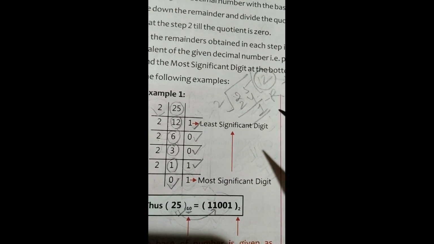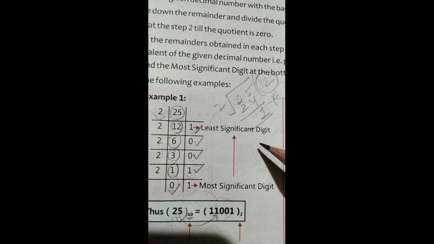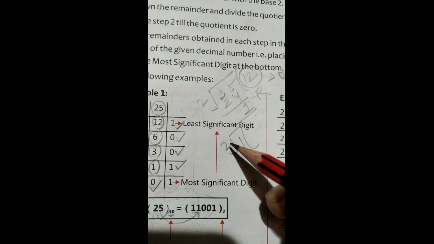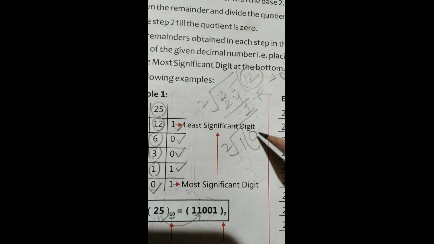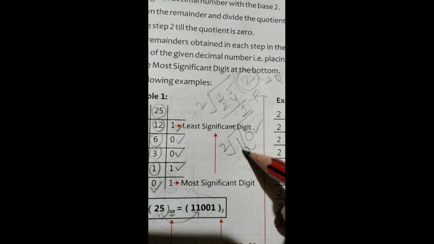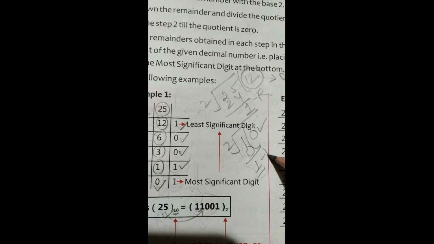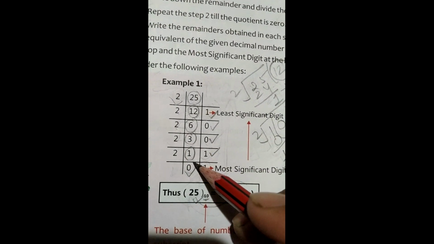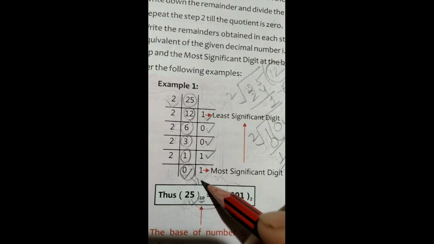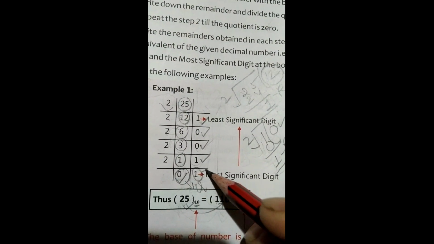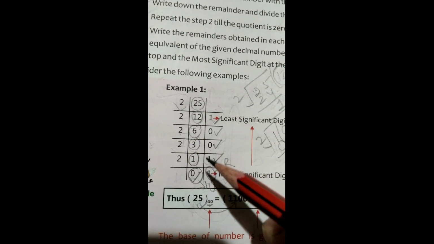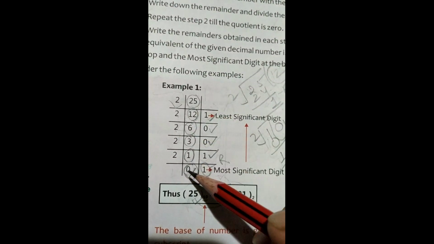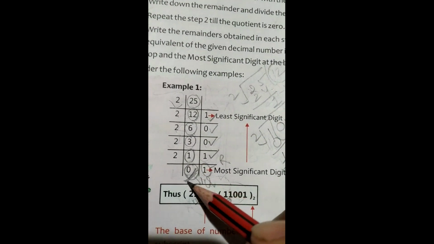Now we divide 1 by 2: 2 into 0, the quotient is 0 and the remainder is 1. Once we get the quotient as 0, we stop the division process.